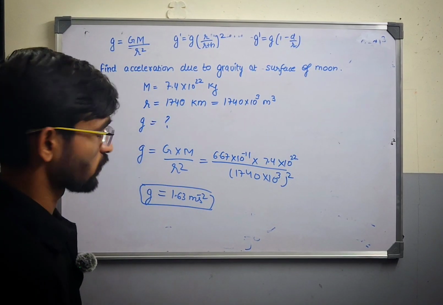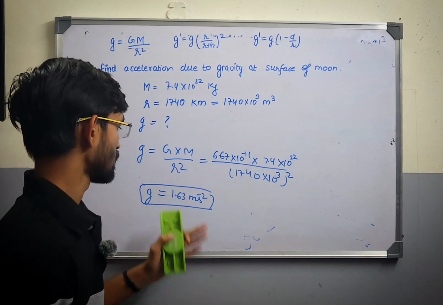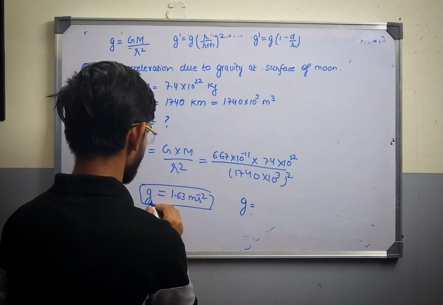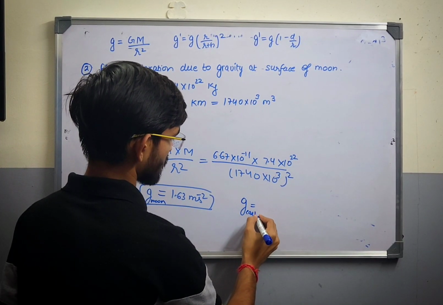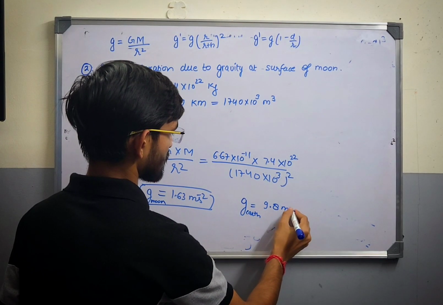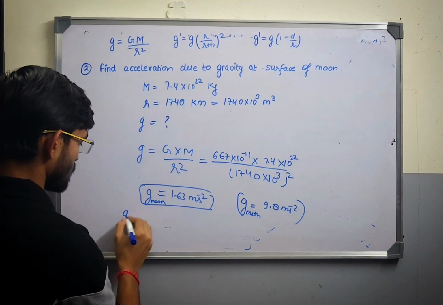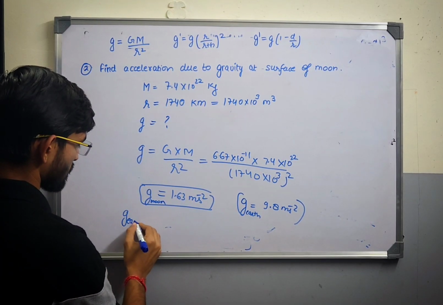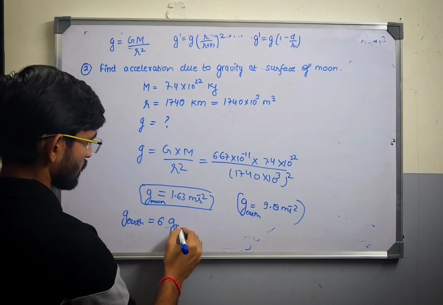So acceleration due to gravity at the surface of the Moon is 1.63 meter per second square, and acceleration due to gravity at the surface of Earth is given as 9.8 meter per second square. So g at Earth is 6 times g at Moon.